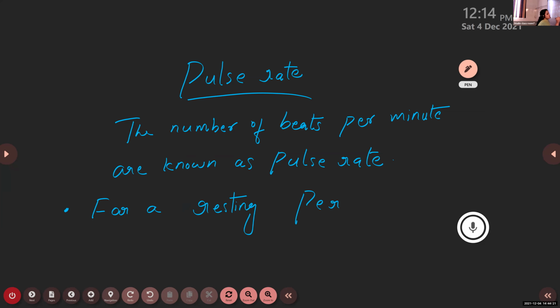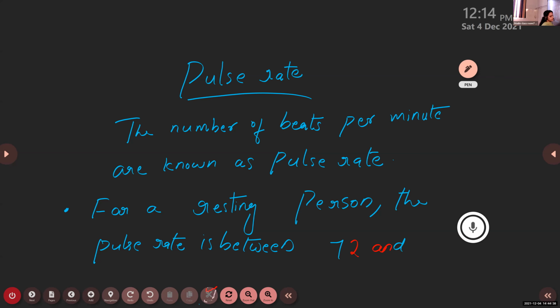What is the range of pulse rate? The pulse rate is between 72 and 80. Very good.